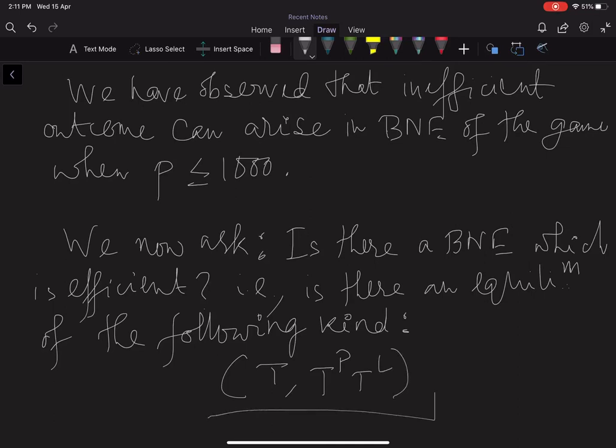So is this an equilibrium, or under what condition would this be an equilibrium? That's the question to ask, because that's an efficient outcome where everybody is trading, so all the cars will be traded. Okay. So this is in the next video.